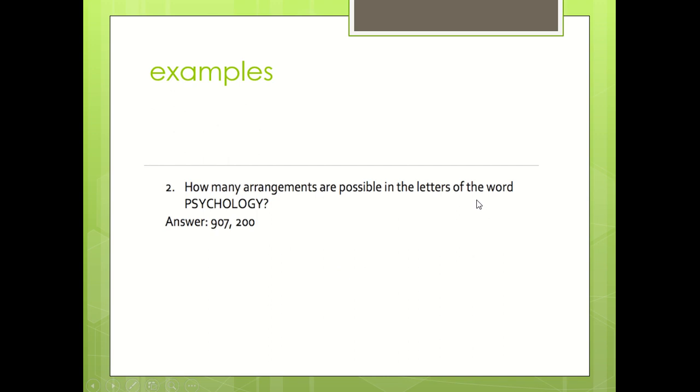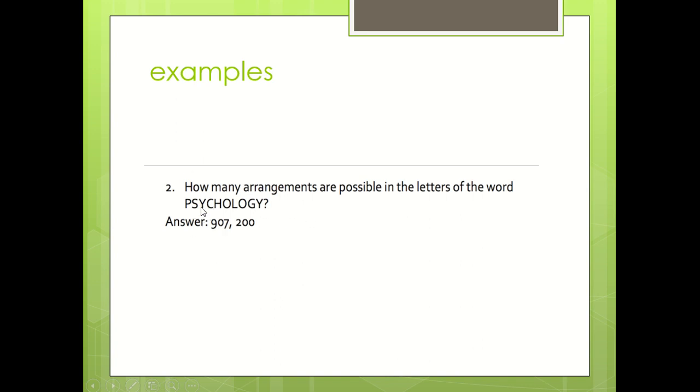Another example would be: how many arrangements are possible in the letters of the word psychology? We count the number of letters in psychology. We have 1, 2, 3, 4, 5, 6, 7, 8, 9, and 10. So that would be equivalent to 10 factorial. The second would be the letters which are repeated.